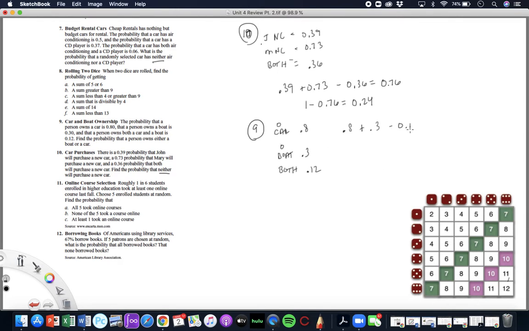So 0.12. So the probability with this group of people, man, there's a lot of people that own boats around here. Or not boats, I guess a car too. So the probability that the person owns either a boat or car is 0.98. So very high probability that they own either of those.